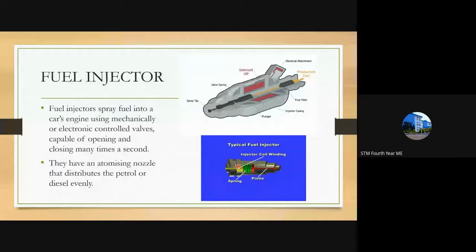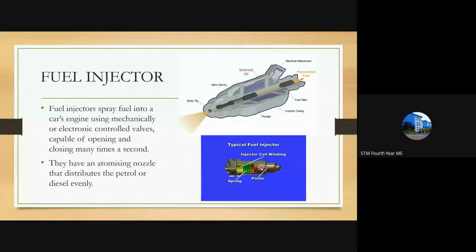So what happens is that the pressurized fuel will get stacked up and it will exert a force against the spring. You can see the fuel exerts a force against the spring, compressing the spring. Once it compresses, the fuel can escape through this part, and the pressure will be greater than that of the pressurized fuel, greater than the immediate pressure given into the fuel injector.